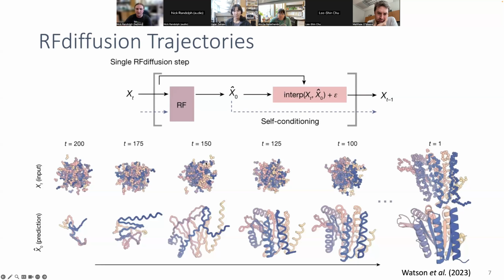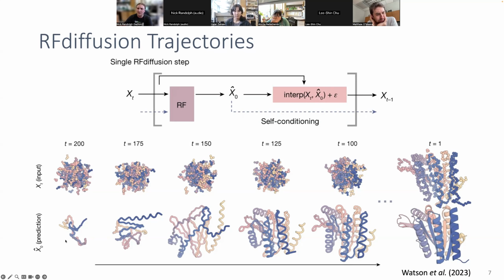And so what this looks like is this. At time step 200, your initial time step, we have this Gaussian distribution of translations and uniform rotations. This goes through RoseTTAFold, and we have a ground truth prediction x of 0. This is what that looks like down here. It's still a messy spaghetti monster that we can't really understand.